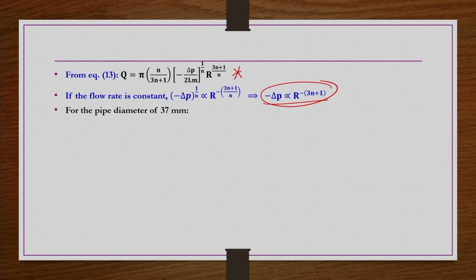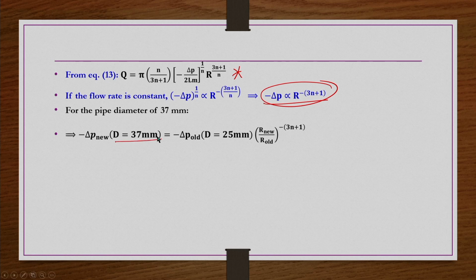So for the pipe diameter of 37 mm, minus delta P new, that is for D equals 37 mm, should be equal to minus delta P old, which is for D equals 25 mm, multiplied by R new by R old whole power minus 3 n plus 1. New stands for the case of 37 mm diameter, old stands for the case of 25 mm diameter.